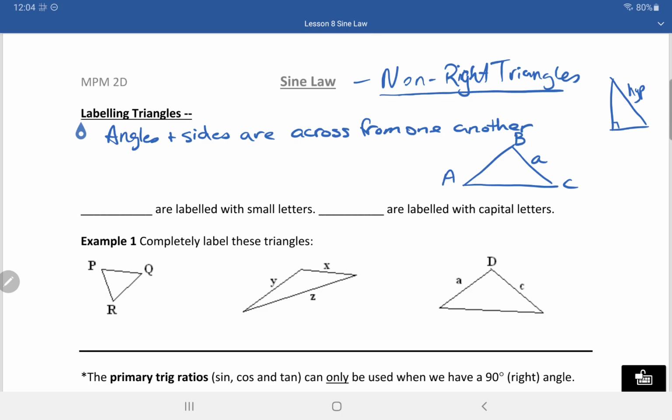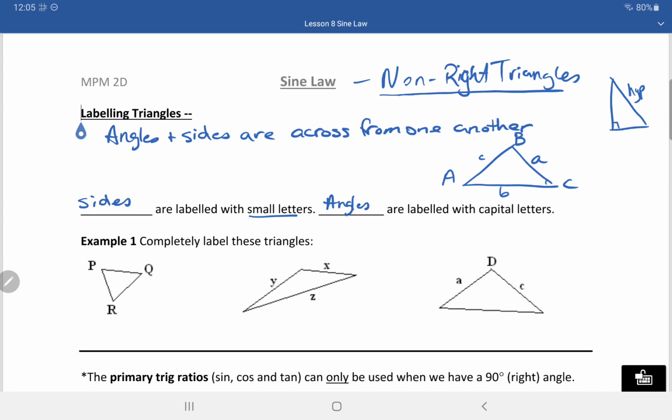Side B would be across from angle B, and we call it lowercase b. And then if this is angle capital C, then side C is across from it at lower c. And that's the way that triangles are always labeled for the remainder of trig. So sides are labeled with small letters, and angles are labeled with capital letters.